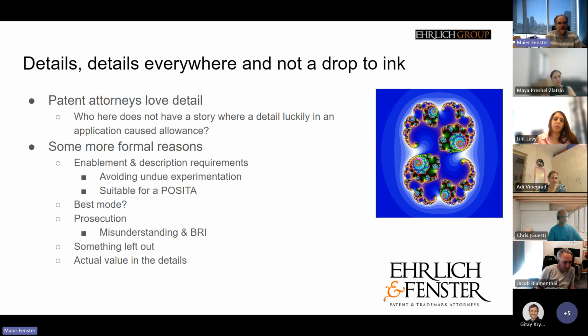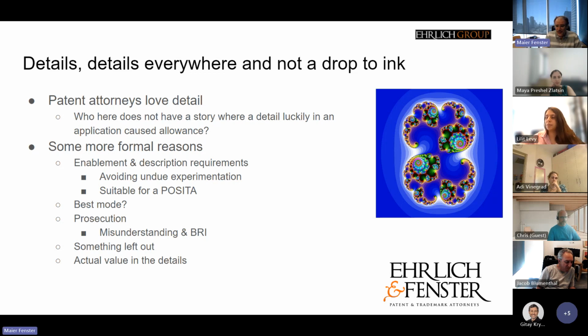Again, it's details. When you do prosecution, you have the dual problems of the examiner misunderstanding you and the examiner applying BRI. It means broadest unreasonable interpretation. They interpret any word you write any way they want, but if you have detail, you can perhaps narrow it.